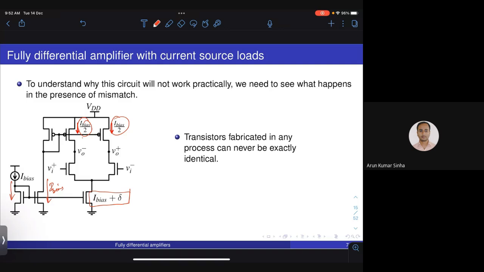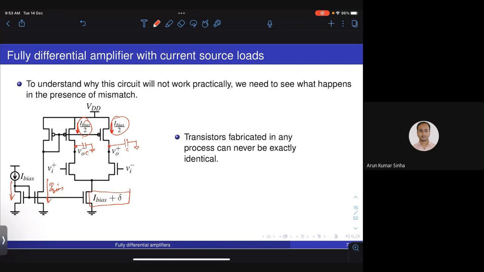Now what happens in this case is, even if delta is arbitrarily small, you have a circuit in which you have two current sources on top pumping current of I bias by 2, and you have a tail current taking out current of I bias plus delta. Let us say the total capacitance on this output node, including load and parasitic capacitance, is some C. KCL at these nodes has to be satisfied.